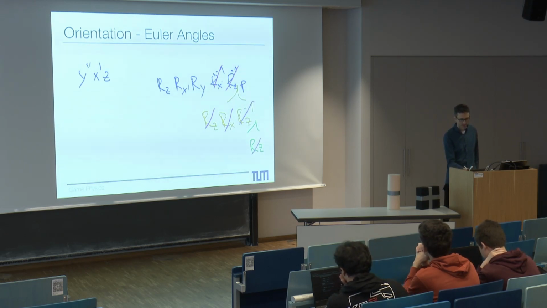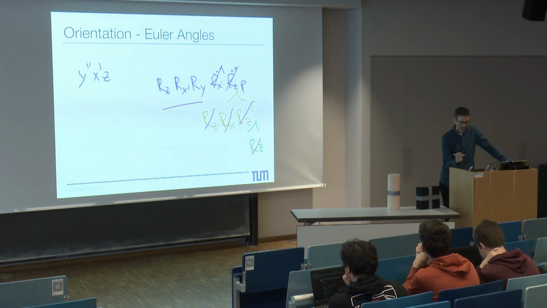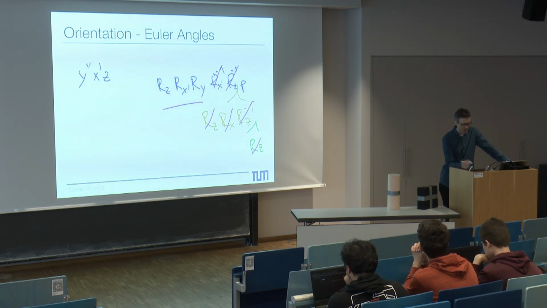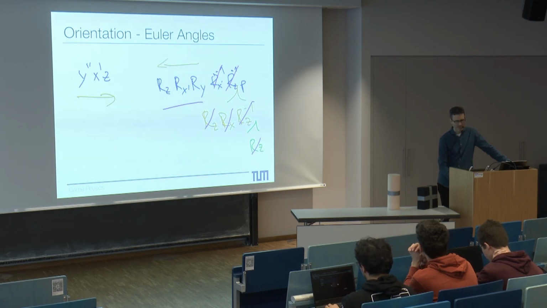We are left with these terms, which basically means that to apply body space rotations, you need to flip the order of these rotation matrices. So if we now in body space go from Y to Z, you're basically flipping the order of how the matrices are applied compared to world space.